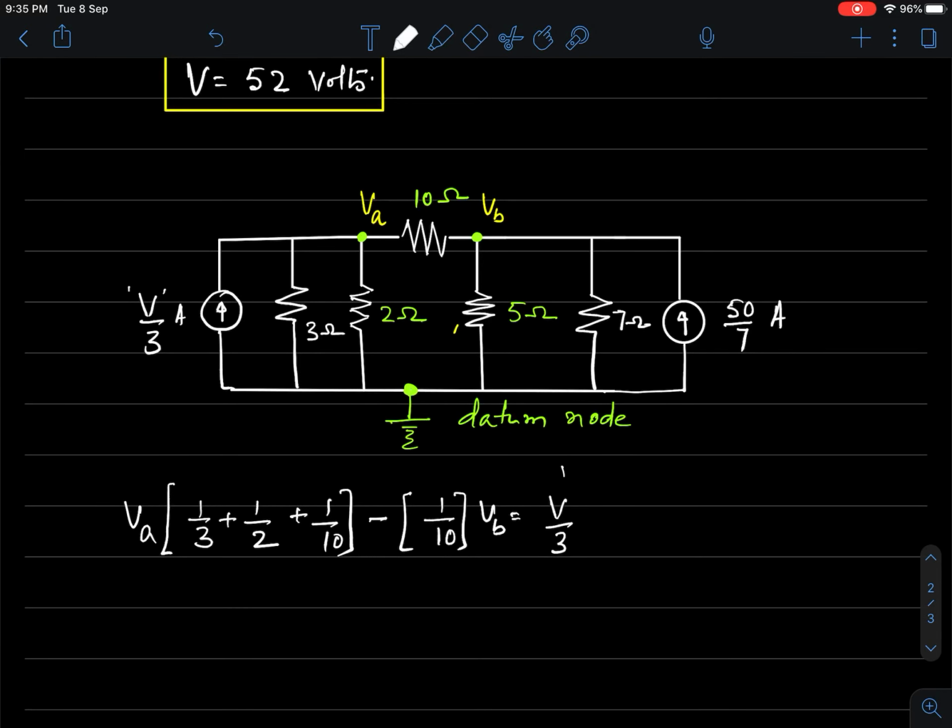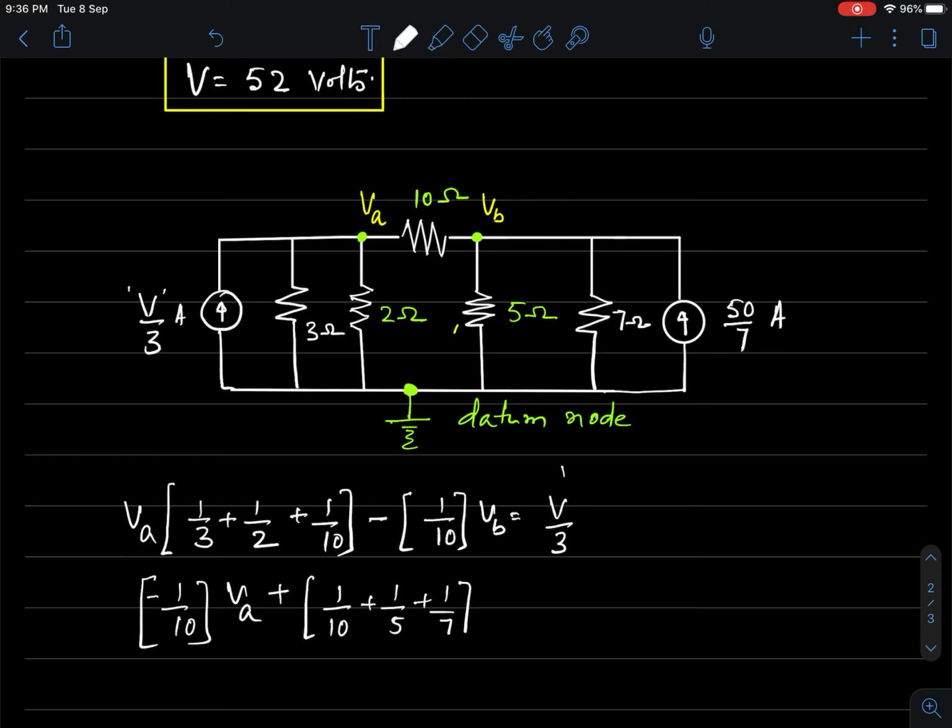Similarly, if I have to write the equation at node B by inspection, it is the admittance that is common between node A and node B with a negative sign, that is minus 1 by 10, into VA, plus the sum of all the admittances that meet at node B. There are 3: 1 by 10 plus 1 by 5 plus 1 by 7.